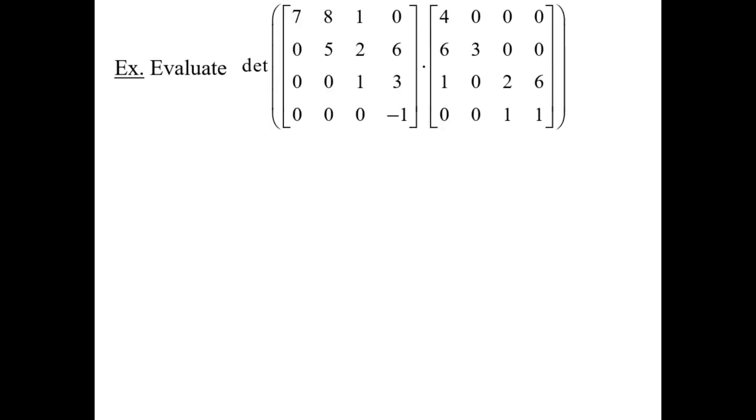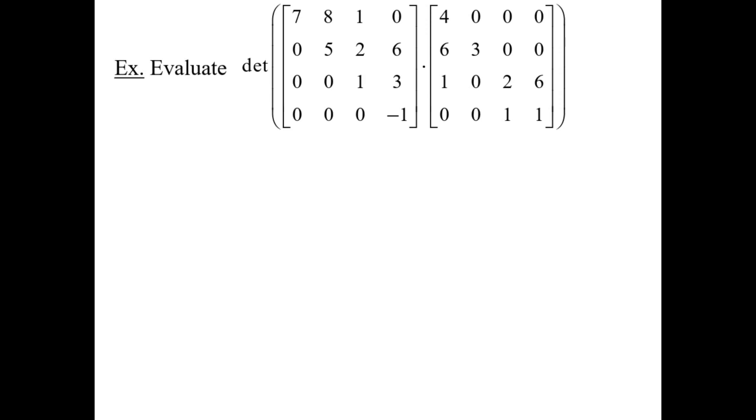Okay, so let's evaluate the determinant of this product one more time. If I didn't think about this clearly, I would multiply the two matrices, which is a whole lot of work, and then find the determinant, which is also a whole lot of work.